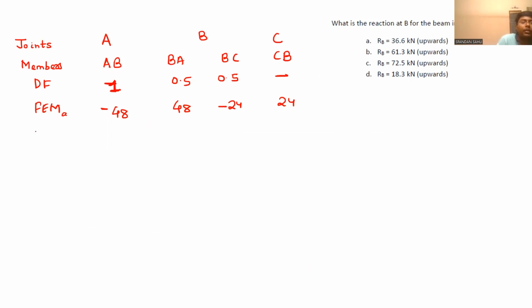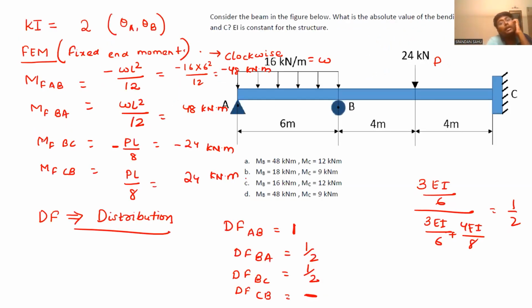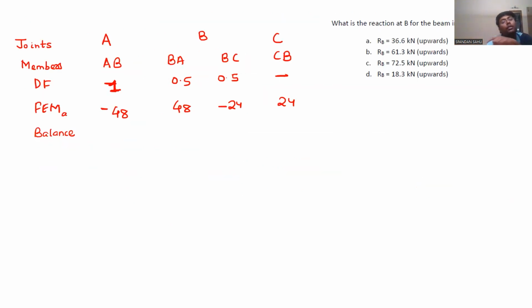Now, next step, you need to balance. Or before balancing, you check. Joint A is a hinge joint, but you are getting minus 48, a moment is acting. Is it possible that the hinge joint will carry some moments?